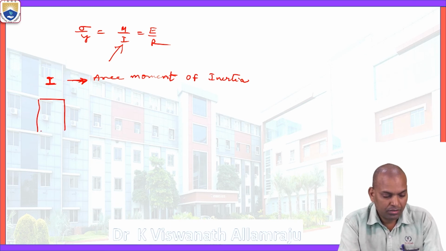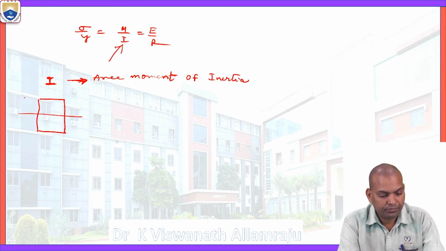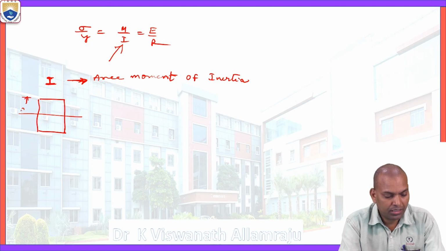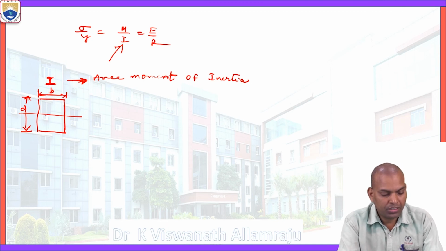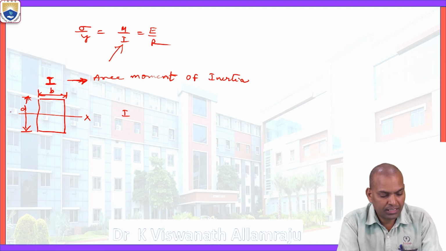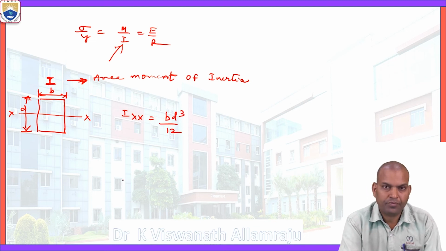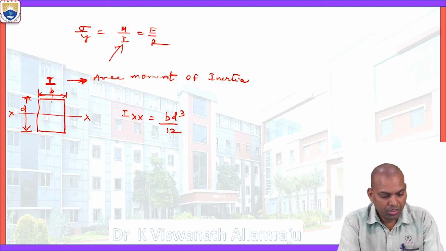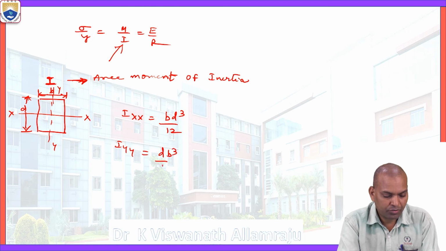If there is a section having depth d and width b, how do we find the moment of inertia about the x-axis? Ixx equal to bd cube by 12. And about the y-axis, Iyy equal to db cube by 12.